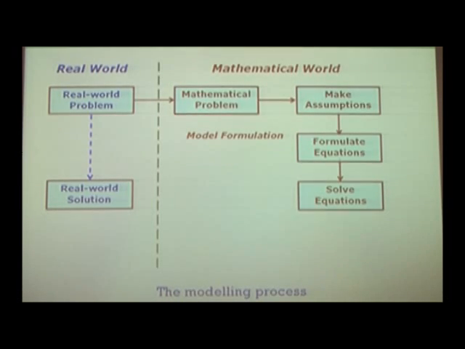Now, usually in the mathematical world, formulating equations and solving equations is a little bit easier because we have a host of methods of solving equations, and different approaches to solving equations.